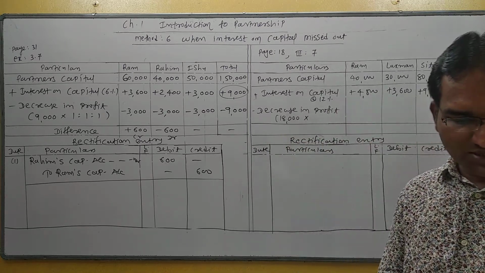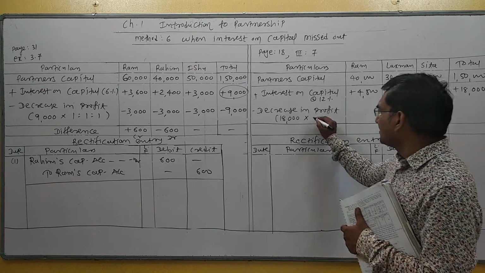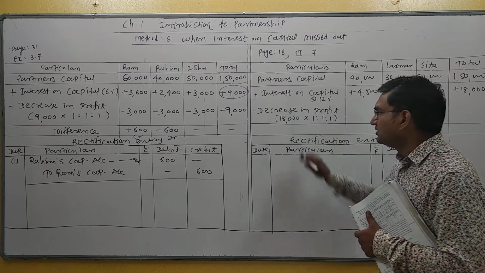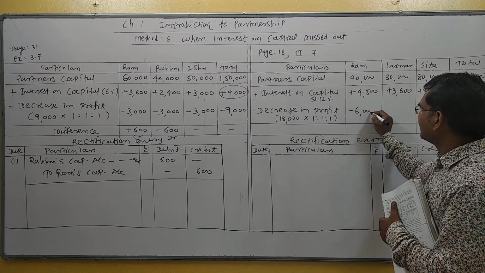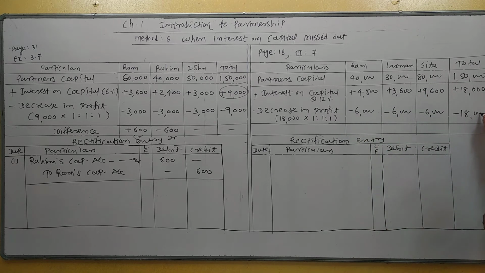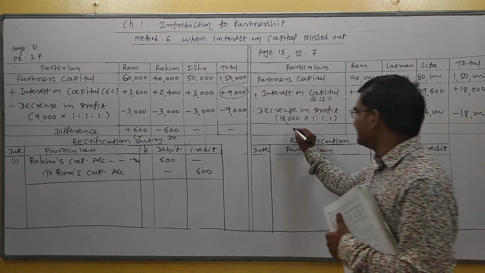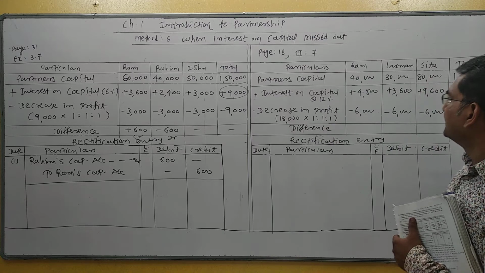So here the profit sharing ratio is not given in the example, so we have to assume an equal ratio, 1:1:1. So 18,000 divided by 3, each partner gets 6,000: minus 6,000, minus 6,000, minus 6,000 and minus 18,000. Now take the difference. So what will be the difference?